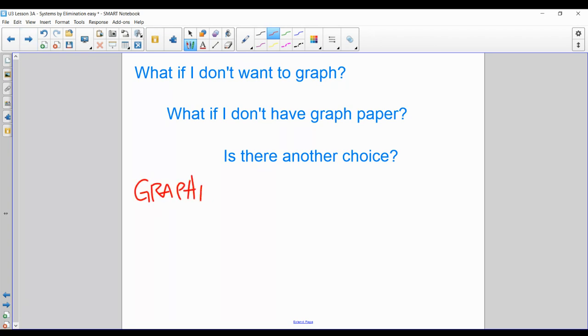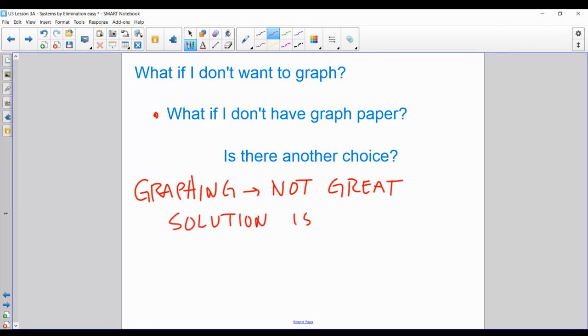So graphing is not great when either you don't have graph paper or the solution is not whole numbers. Makes it very hard to choose the exact right answer. Makes it impossible. Okay, so yes, there is another choice.